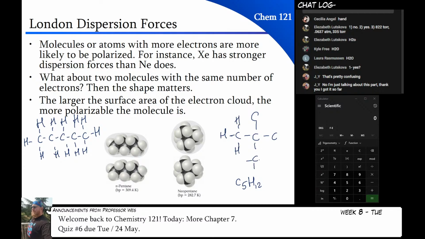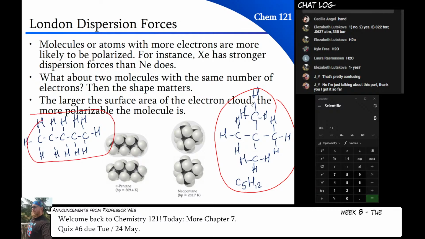And if I was to draw a circle around this, this would be the shape of the molecule, whereas this would be the shape of this molecule. And you can see that right here.